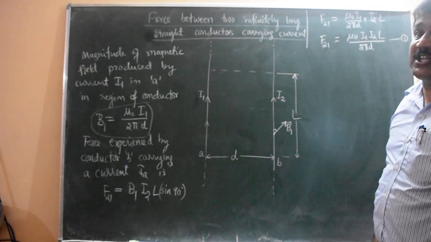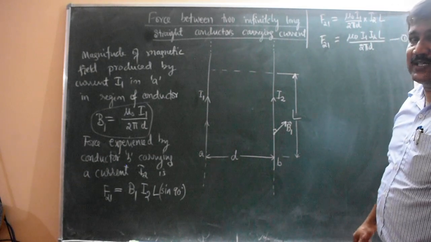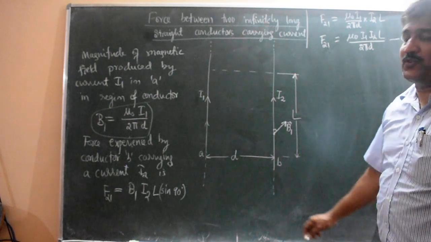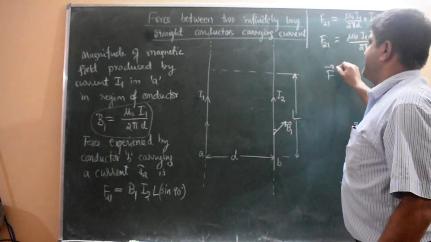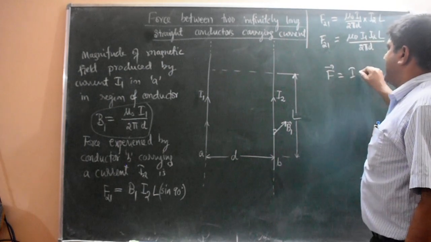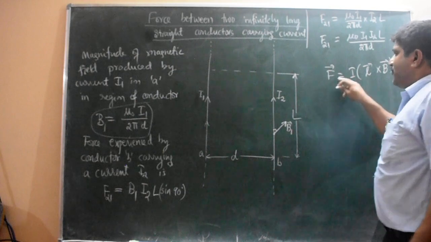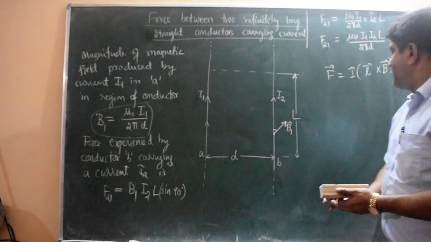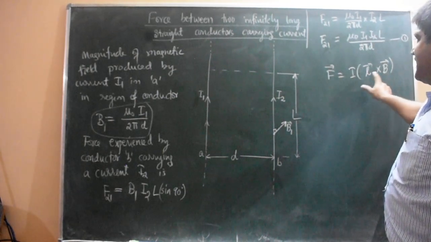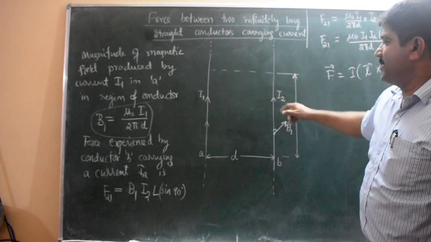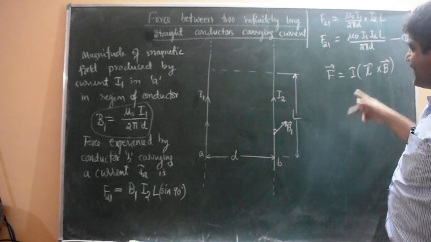Now what is the direction of this force? Force is a vector, it has direction. So you have to apply the cross product rule to find the force. F equals I times L cross B. According to this diagram, the L cross B direction is the direction of force. L is upward, current is flowing upward, and B is inward.